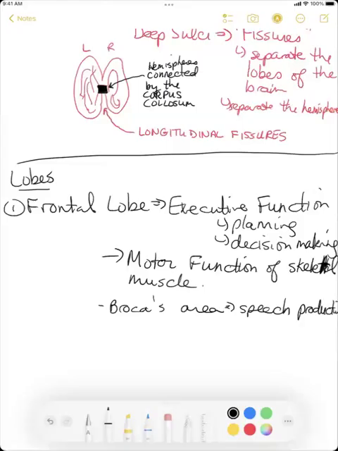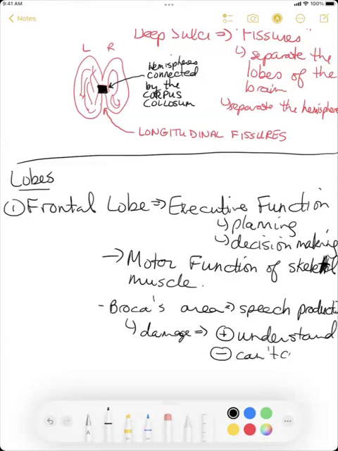Broca's area is important because if somebody has a stroke to Broca's area, they won't be able to produce speech. They'll be able to understand what people are saying, but they won't be able to say anything back. So damage to this region means they can understand, but they can't communicate.